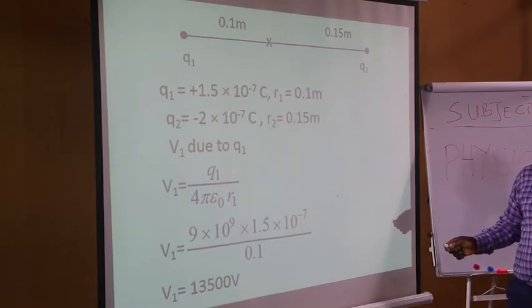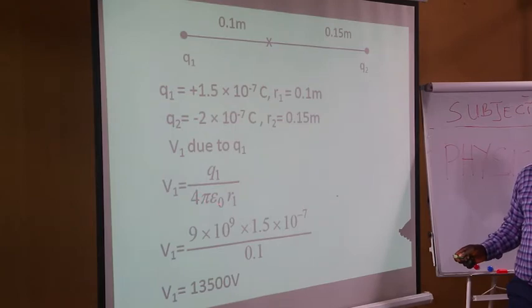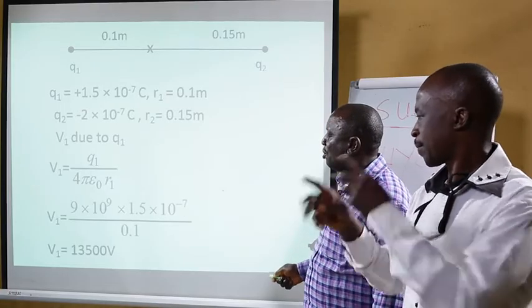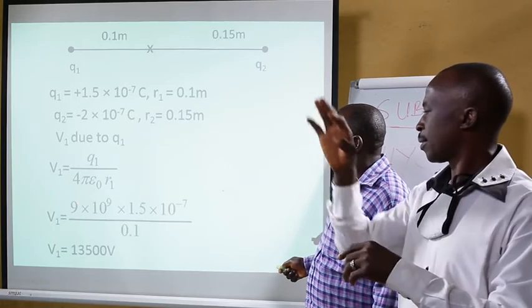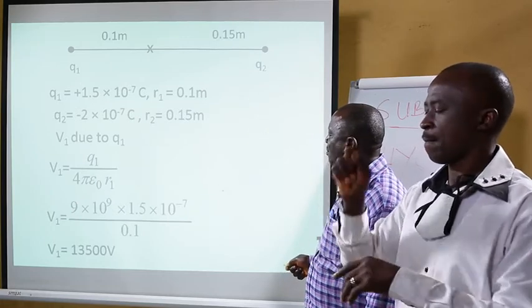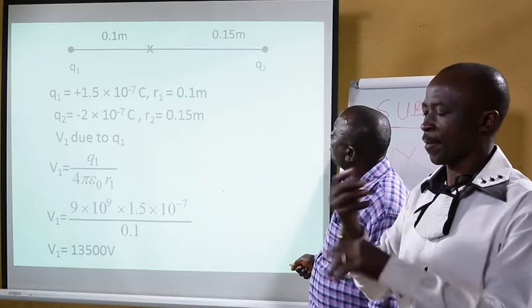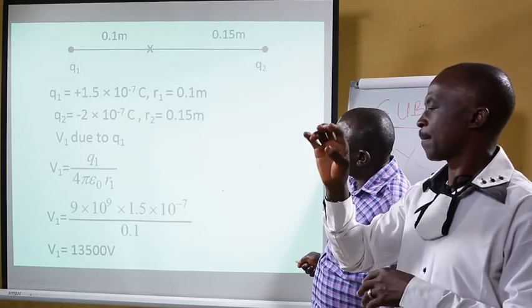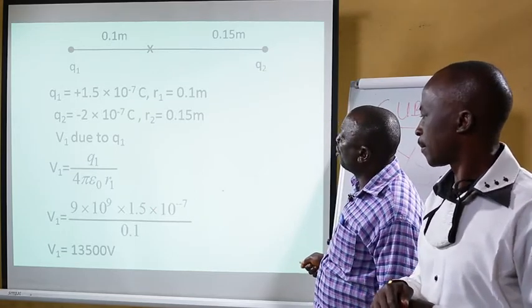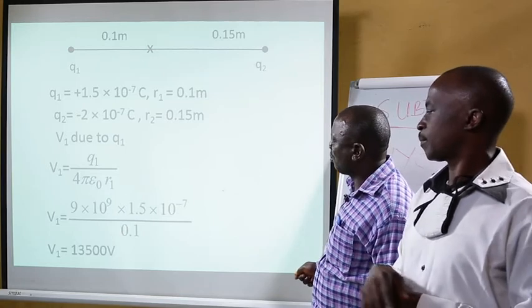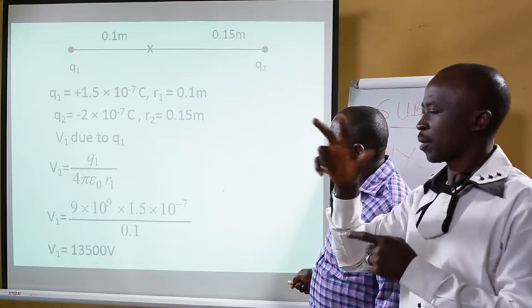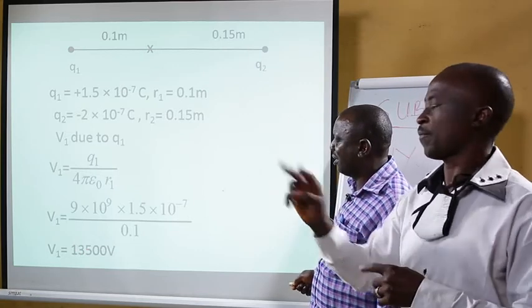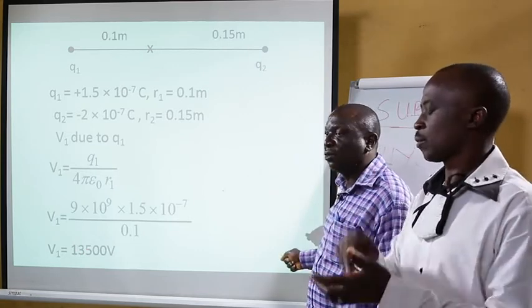Now, calculating V1 due to Q1, we will have V1 equals Q1 over 4 pi epsilon naught R1. So V1 will be equal to 9 times 10 raised to the power 9 times 1.5 times 10 raised to the power of minus 7 over 0.1. And V1 will be equal to 13,500 volts.